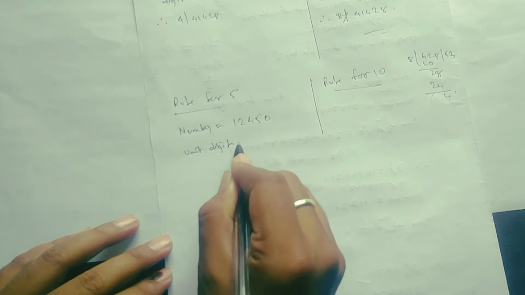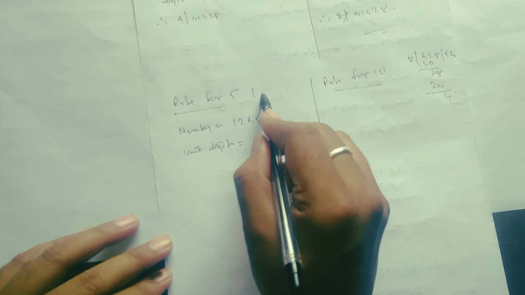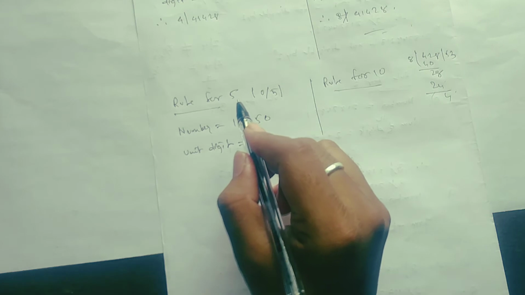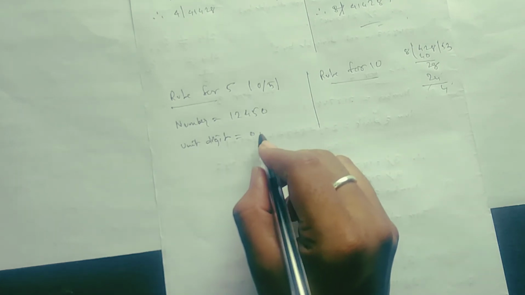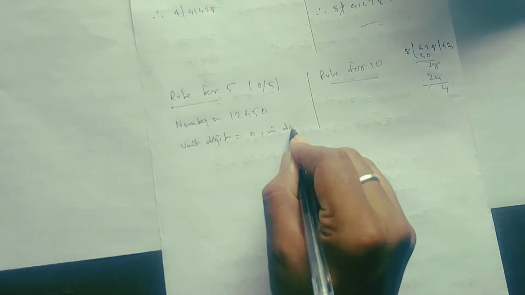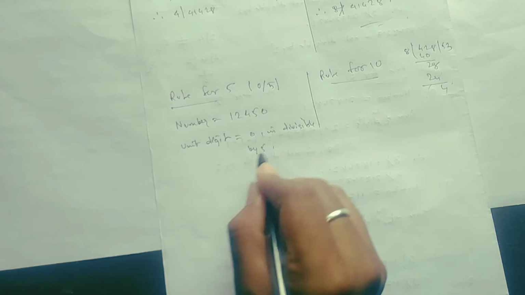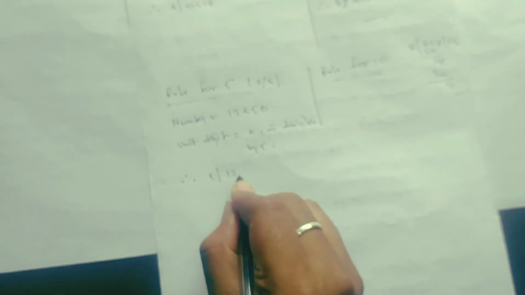Here the unit digit is 0. Remember, the rule for 5 is that the unit digit should be 0 or 5. If the unit digit is 0 or 5, then it must be divisible by 5. So the unit digit 0 is divisible by 5. Therefore 5 divides 12450.